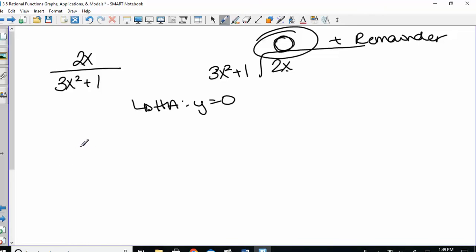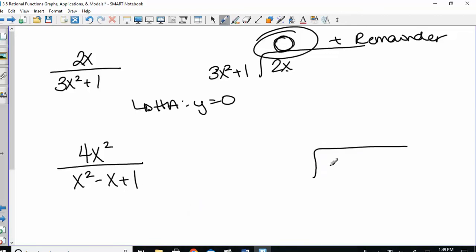When you have the same degree on top and bottom, so if I said like 4x squared over x squared minus x plus 1. Okay, if I go to divide those things, can you do 4x squared divided by x squared?